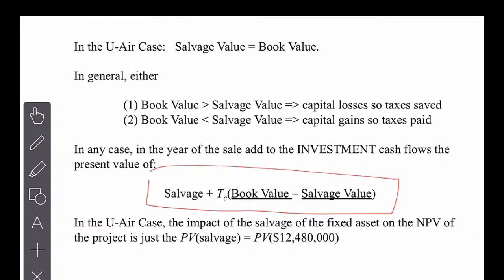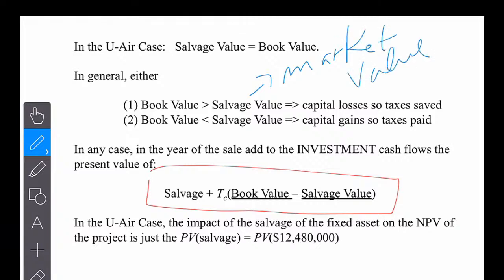However, if we sell it and the book value is more than the salvage value, the market value... It's called the salvage value because it's what we can get in the market. So residual market value is supposed to mean the same thing in this context. If the book value is more than the salvage value, that means we're not getting as much as we have accounted for in depreciation.